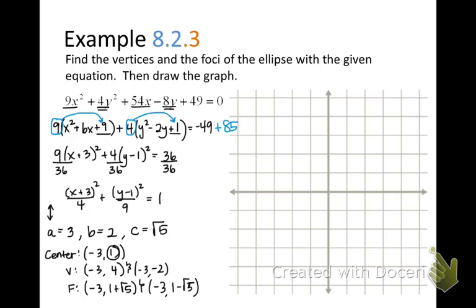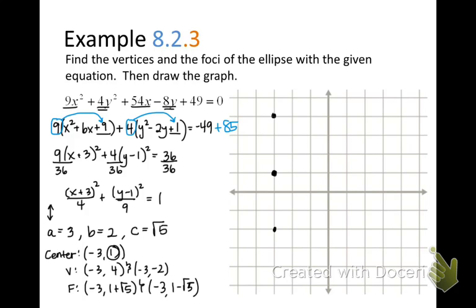So let's start plotting this stuff. I said my center was at -3, 1. And then my vertices were at -3, 4, and -3, -2. My foci were a distance of square root of 5 away from the center, right? Square root of 5 is in between 2 and 3, right?